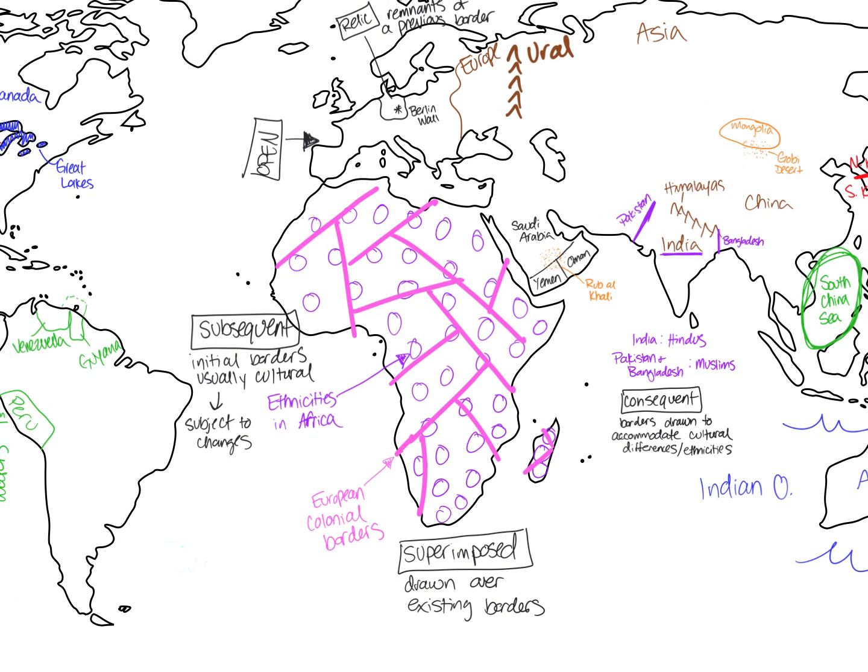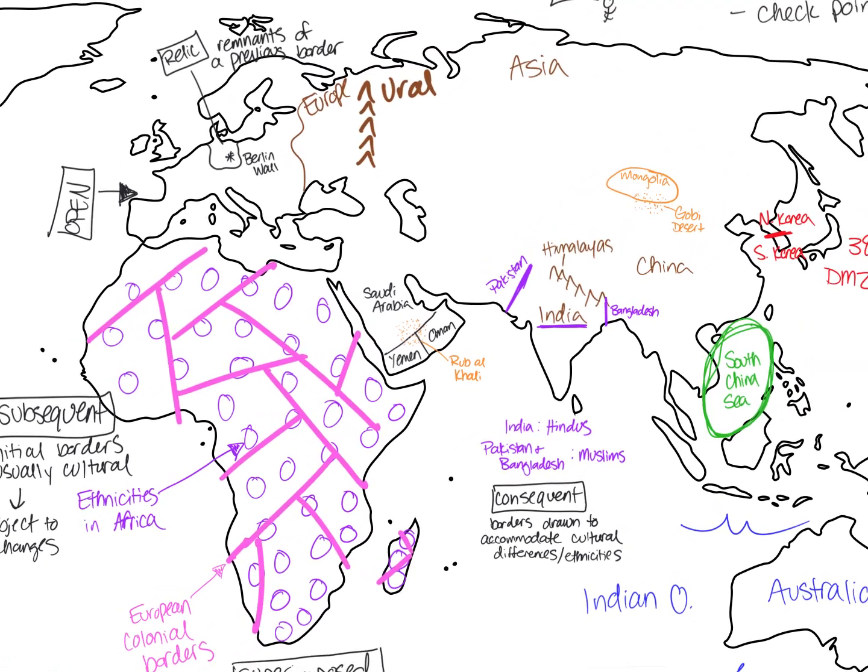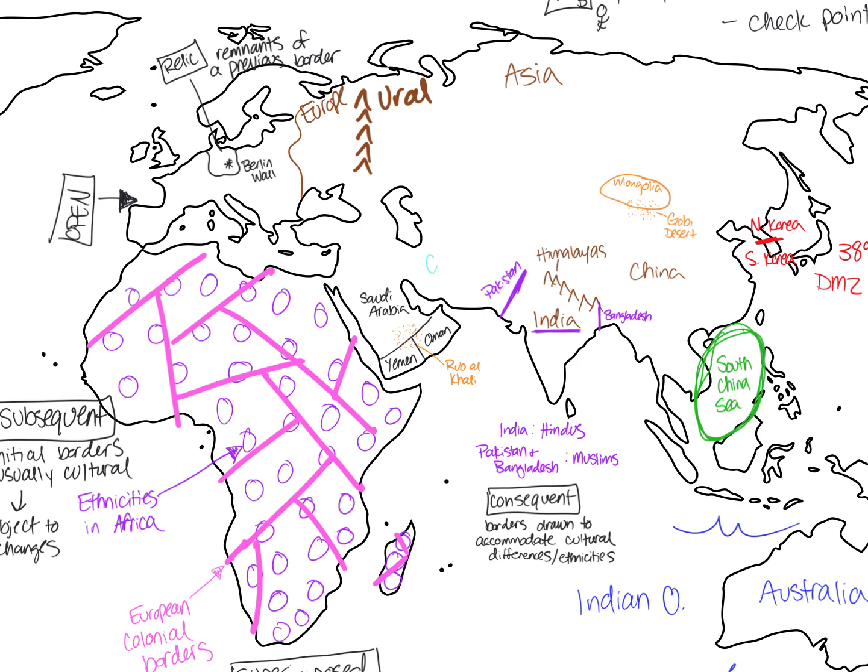Last thing we need to talk about is choke points, another idea, I believe, from chapter 9. So choke points, we're going to label it over here. Choke points are places, it can be land areas or water areas, that can be easily closed off.